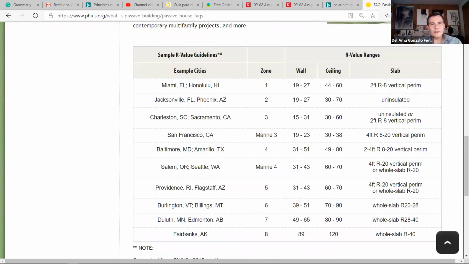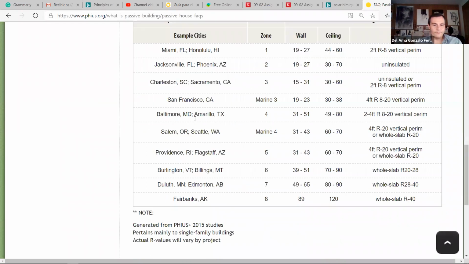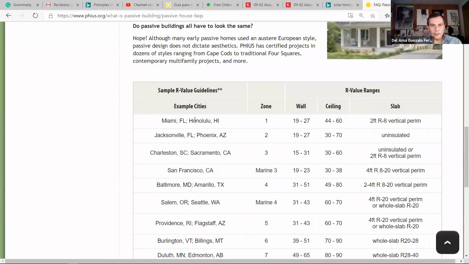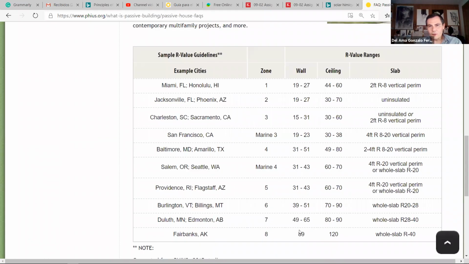Okay, so these are sample R values in different places because we are designing buildings in different places. Look at this. If we are in Duluth, in Minnesota, which is cold, I don't know if it's as cold as New Hampshire or even colder. But look at these values. If we are going to design walls, the R value ranges from 49 to 65.